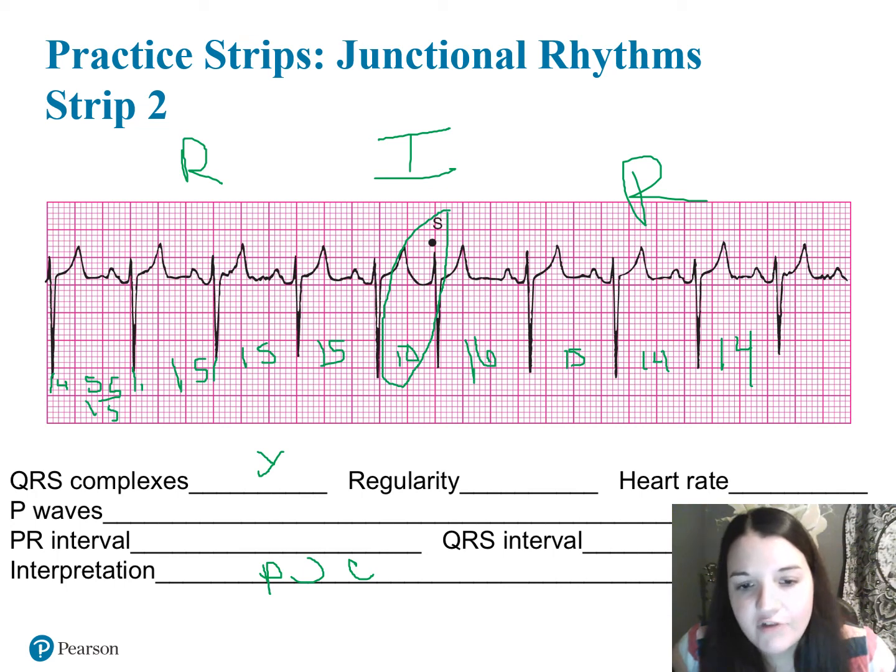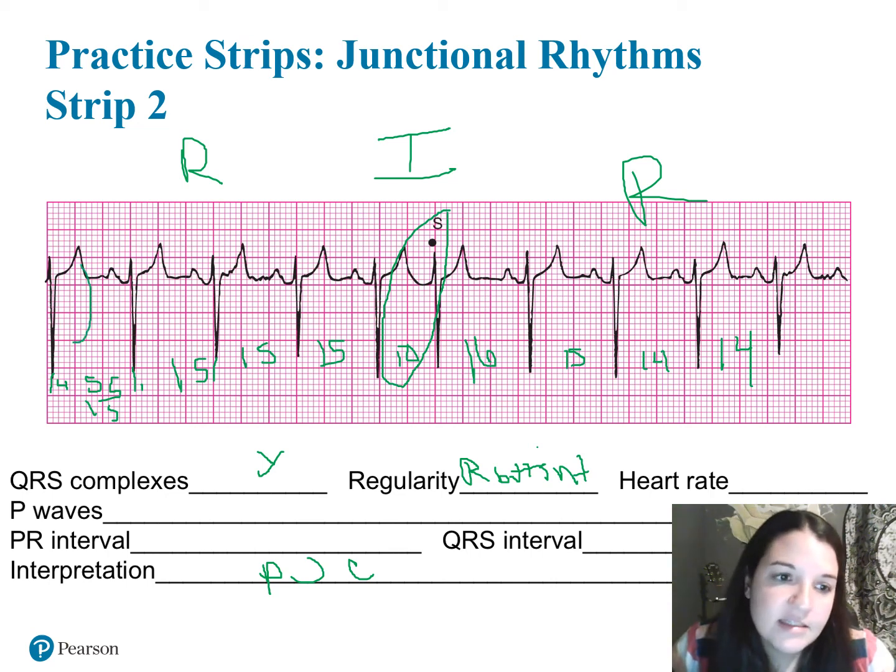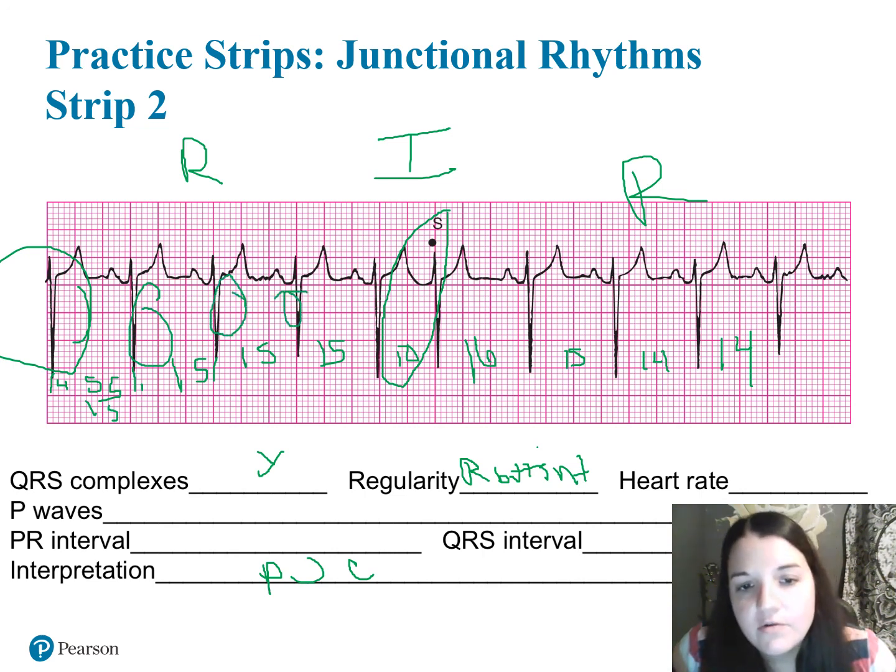So I am regular but interrupted by a premature beat. I would write regular but INT. My heart rate, I'd still consider regular, so I'm going to use the 6-second method: 10, 20, 30, 40, 50, 60, 70, 80, 90, 100.